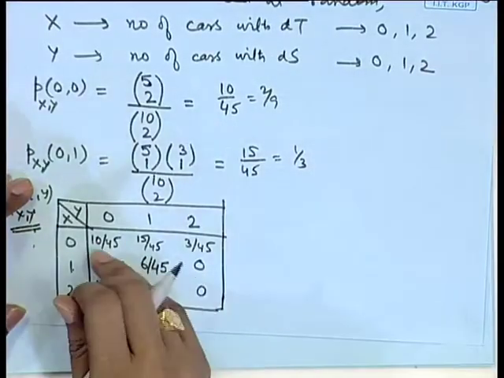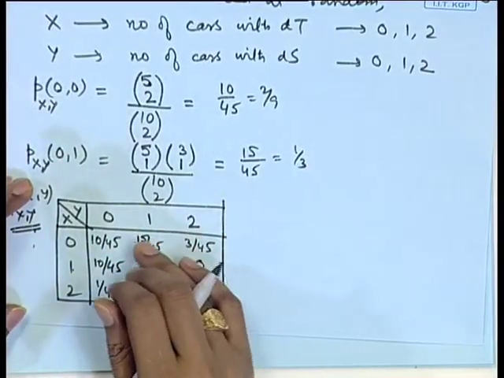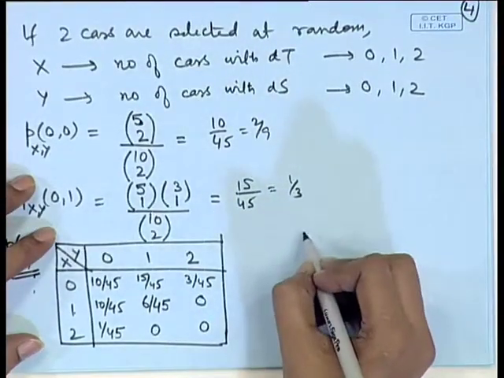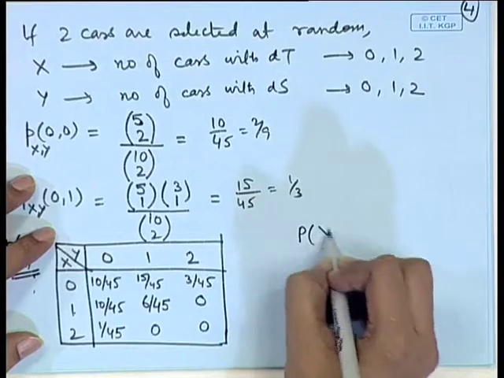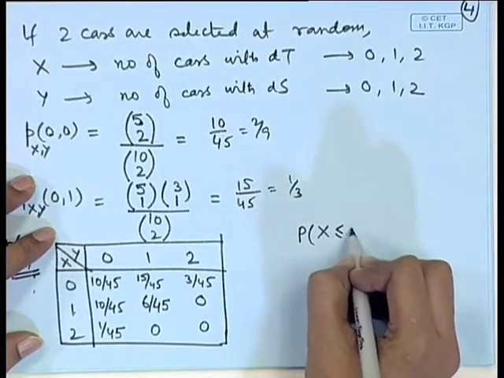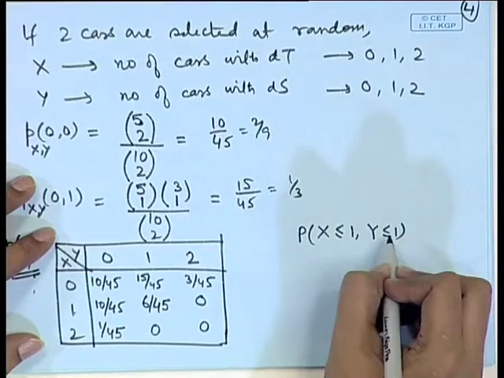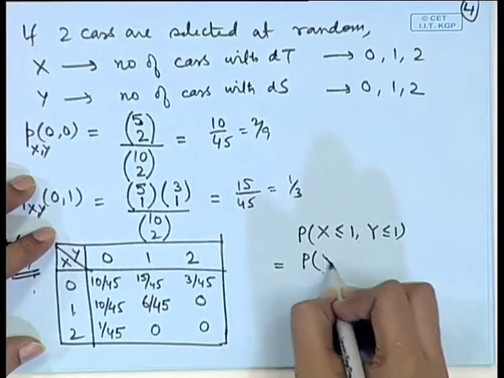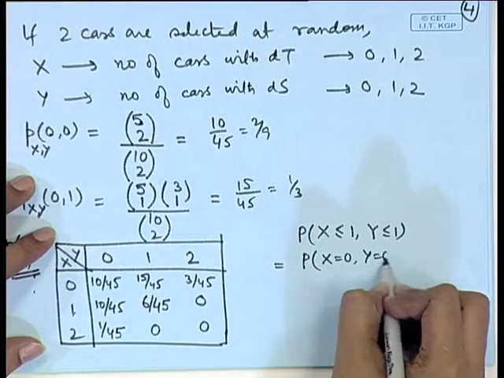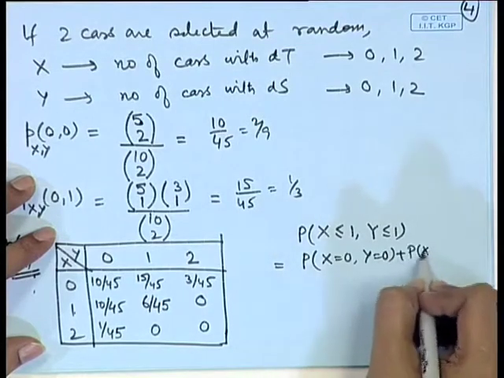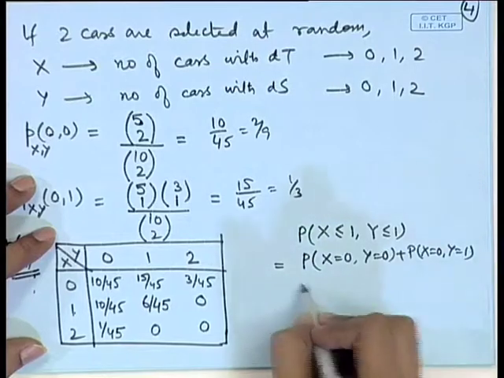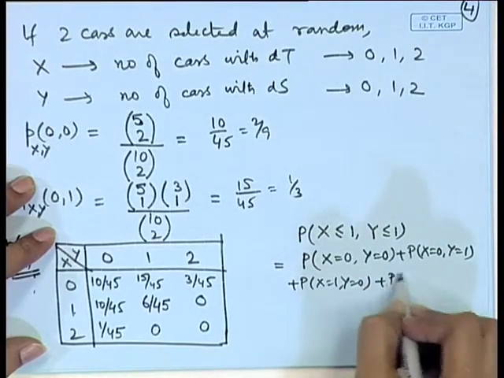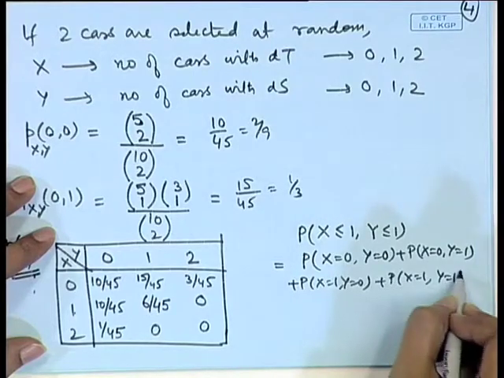You can look at various probabilities related to random variables X, Y from here. For example, if we ask the question, what is the probability that X is less than or equal to 1, Y is less than or equal to 1? Then this corresponds to the probability of X equal to 0, Y equal to 0, plus X equal to 0, Y equal to 1, plus X equal to 1, Y equal to 0, plus X equal to 1, Y equal to 1.